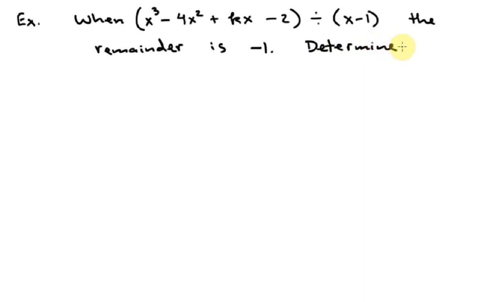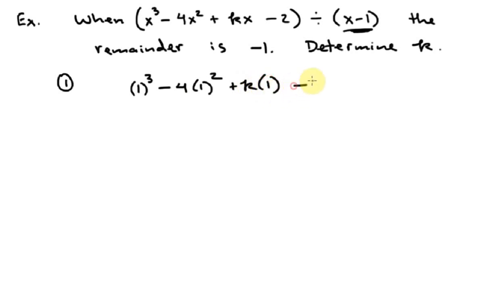So determine k. Now you do a question like this, well what you do is you say to yourself, according to the remainder theorem, what I'm going to do is figure out what turns this into 0, so that's positive 1, and then I'm going to plug positive 1 into this polynomial. So I'm going to go 1 cubed minus 4 times 1 squared plus k times 1 minus 2, and this will equal the remainder.